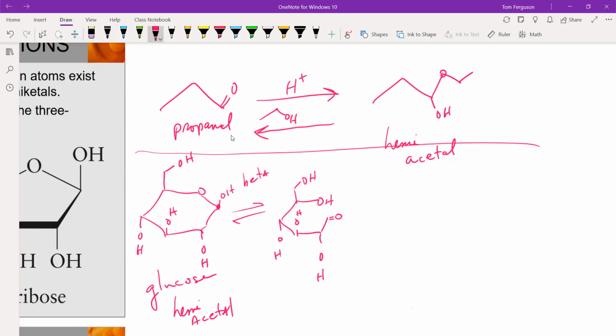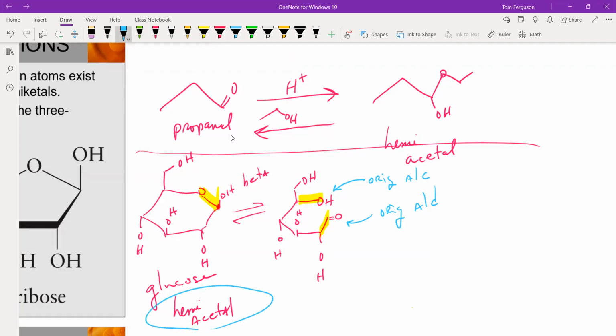Okay, so all right. So this is how sugars that are hemiacetals work, and it's very important.